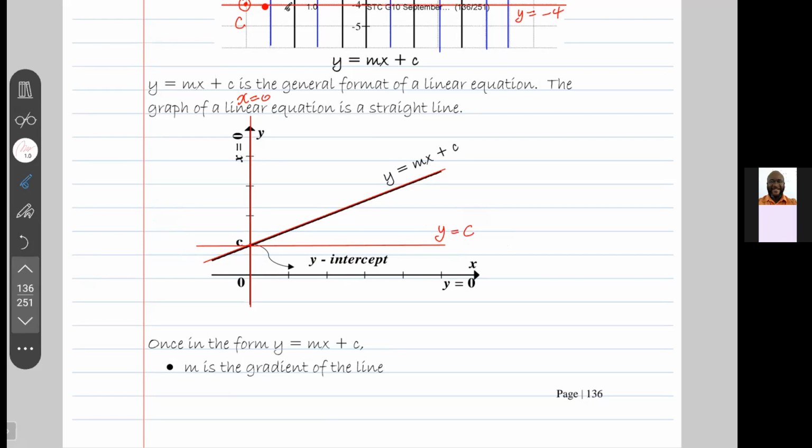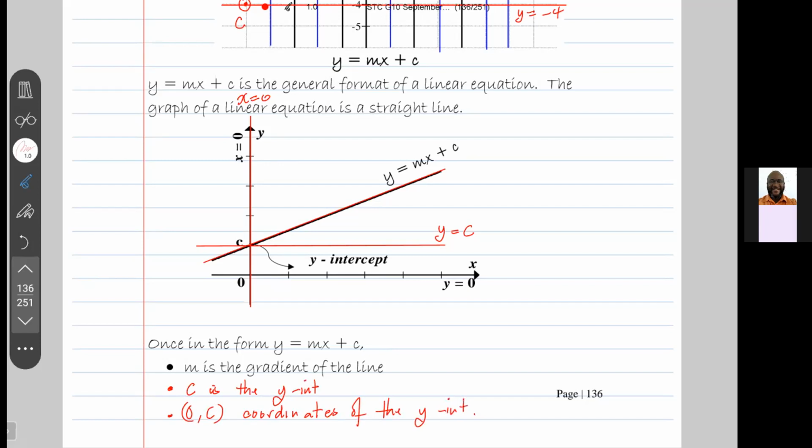So guys, once it is in the form y is equal to mx plus c, m, the number in front of x, is the gradient, and c is the y-intercept, and (0, c) are the coordinates of the y-intercept.